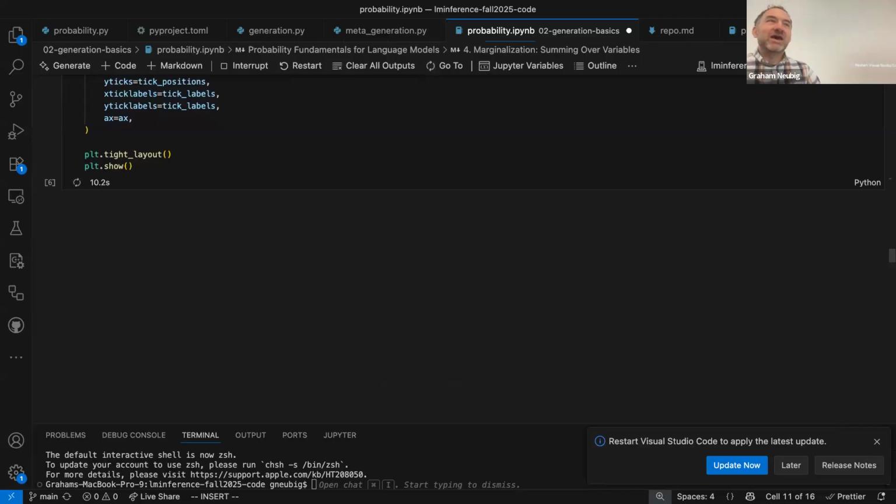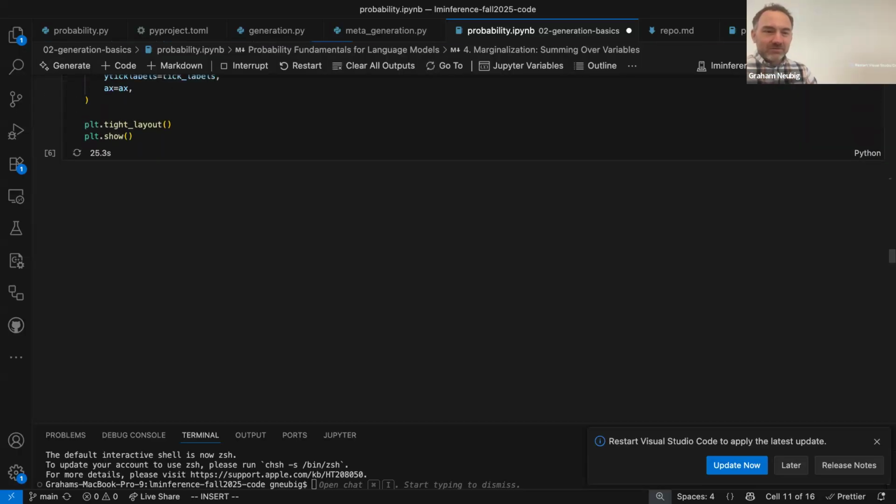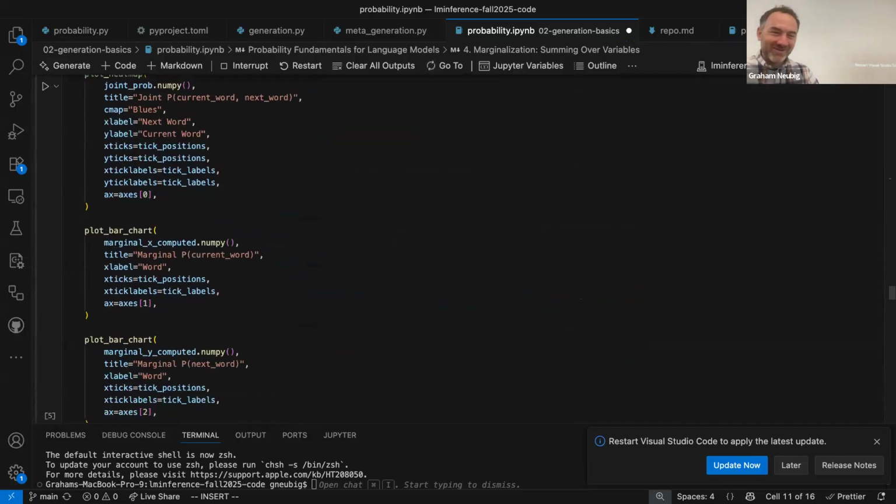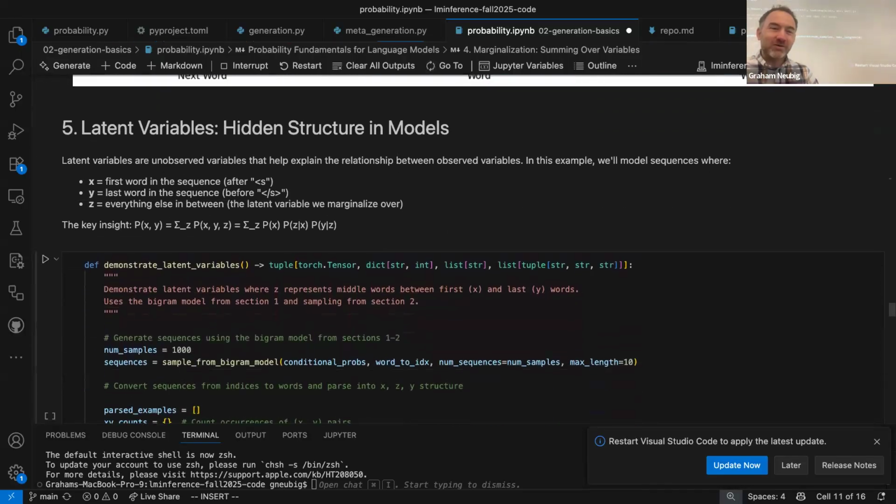My sampling is also not optimized. I am using very inefficient inference algorithms with Python for loops. So I would suggest you use an optimized implementation if you try this. So yeah, while that's working, maybe I will go on to the next part.